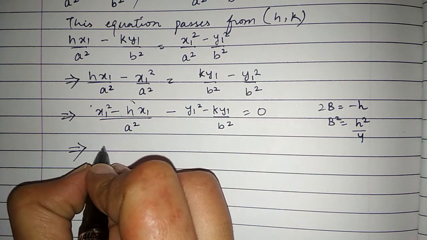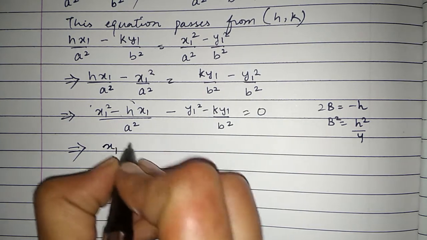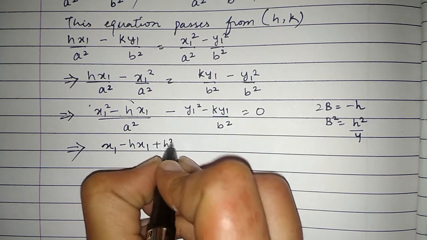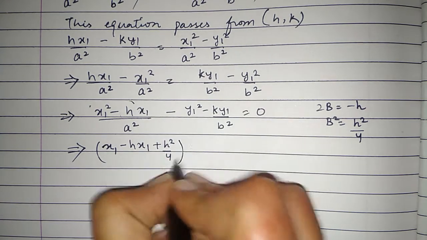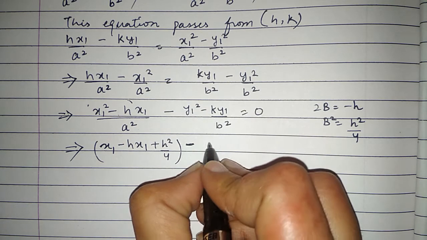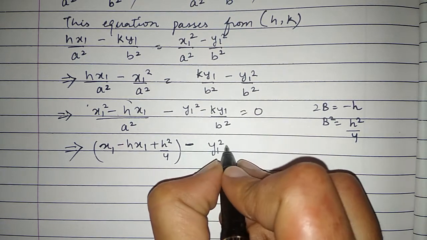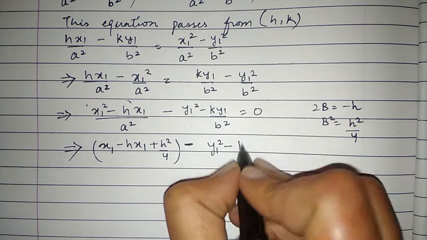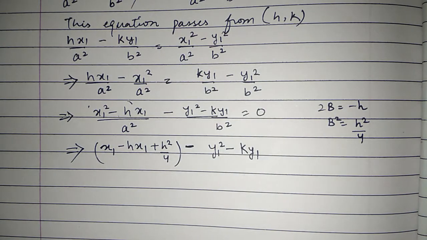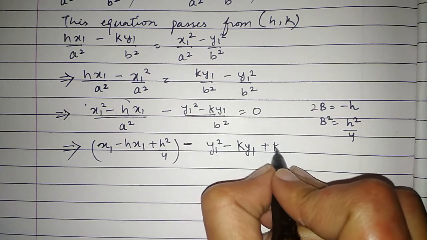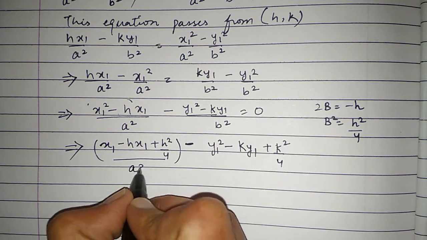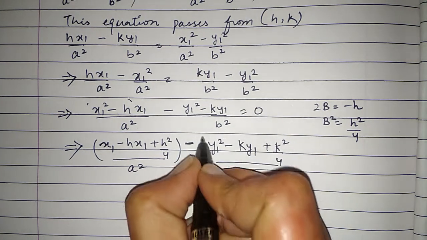This will become x1 square minus h x1 plus h square by 4, and similarly here it will become y1 square minus k y1 plus k square by 4, sorry, and here we missed a square, and here we have b square.